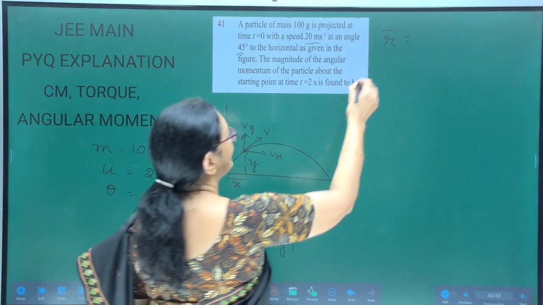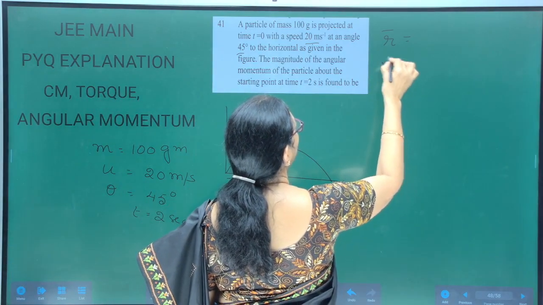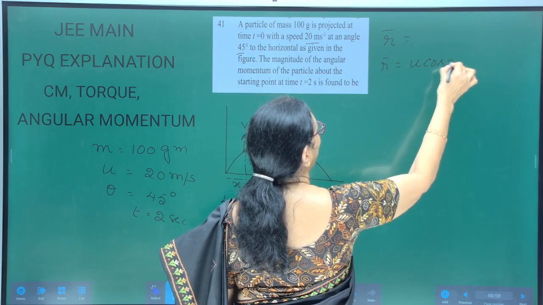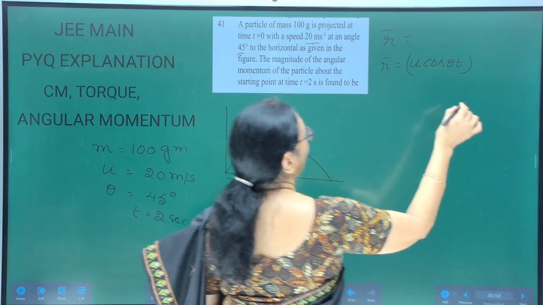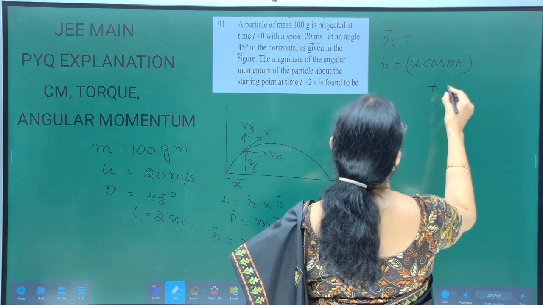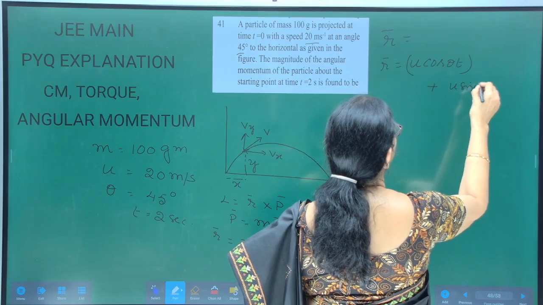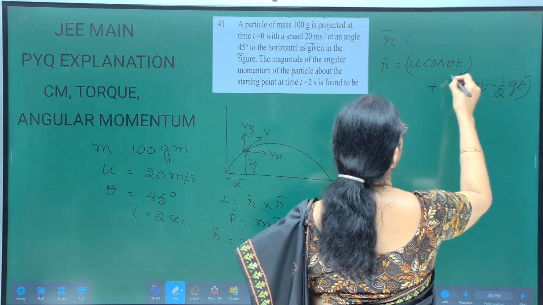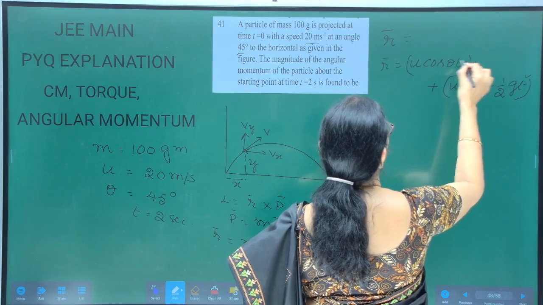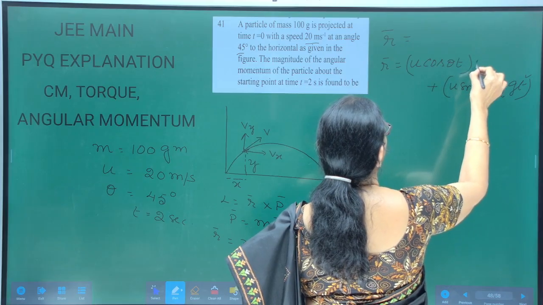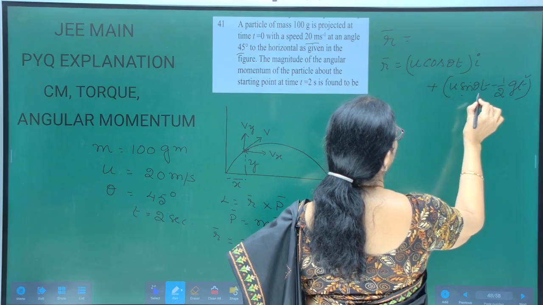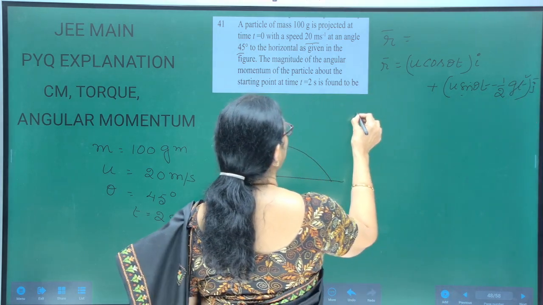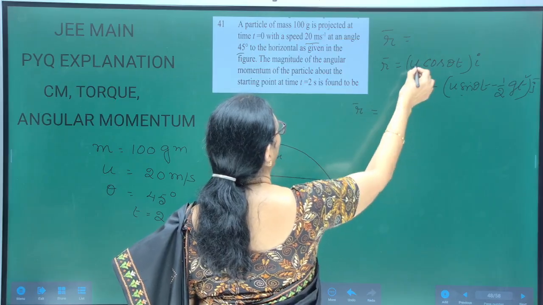So, x is u cos theta into t, right, and y will be u sin theta t minus half g t square. So, here r bar is equal to u cos theta t i bar plus (u sin theta t minus half g t square) j bar. Let us substitute the values given.